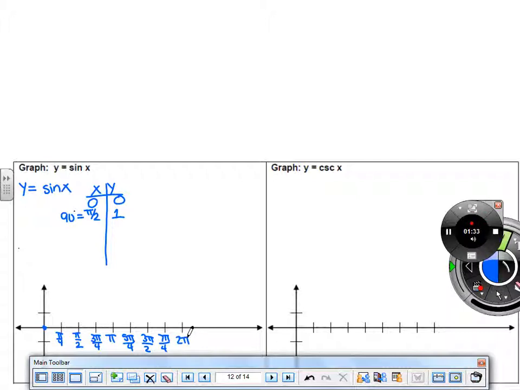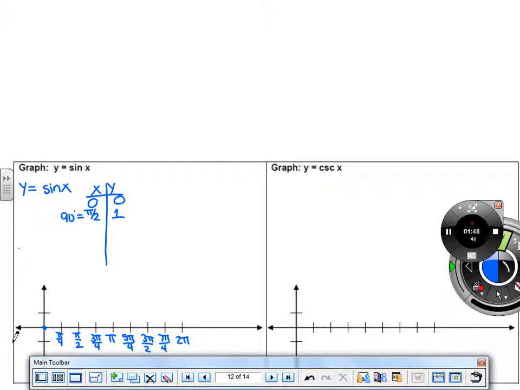Notice I have enough marks here if I number by fourths that they basically represent angles that will take me all the way one time around the unit circle, which will be one cycle of all the sine values, and then they'll start repeating themselves, so I could just follow that pattern again as I went through.